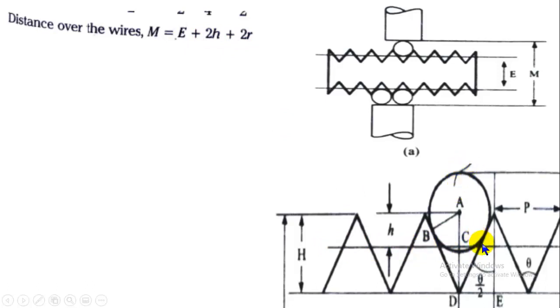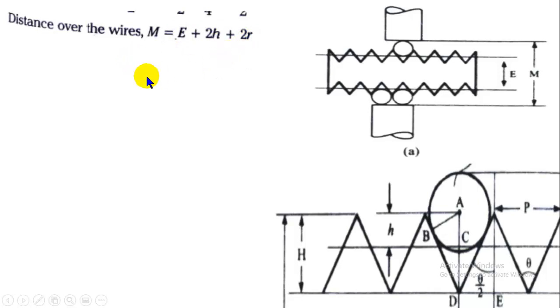If you want the total distance from the pitch line, that will be the height h plus r. h is one side. If you want to take the bottom wire also, this h will become 2h, and from A to the periphery this is the distance r. One side wire, the top side, is one r and the bottom side another r, so totally r plus r, it will become 2r.